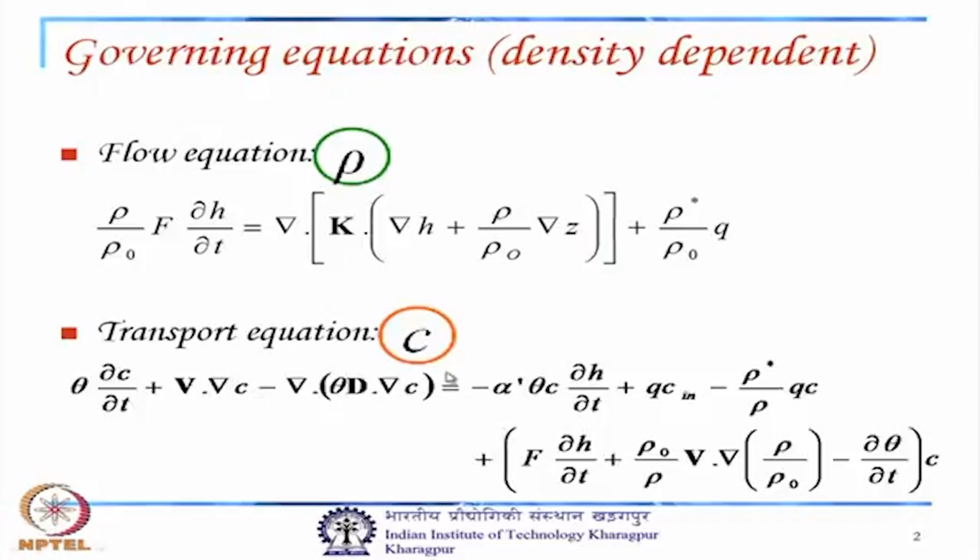Now, as we have seen, the density is related to the reference density with the relationship rho and rho naught with 1 plus alpha, and this is concentration divided by Cs.